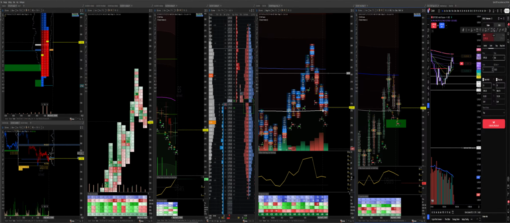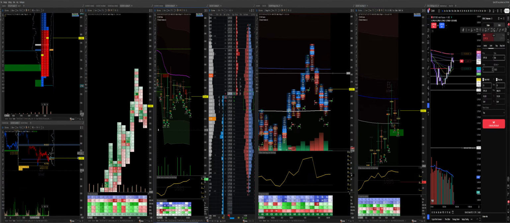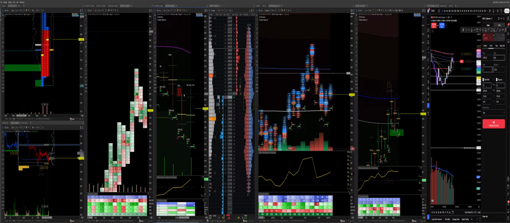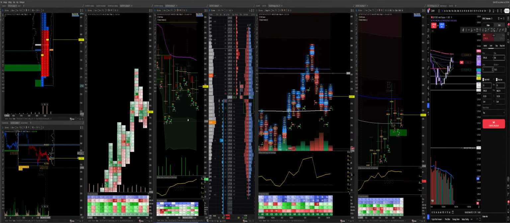An uncertainty area, but technically they're looking for an absorption. Let's take a look at it here. Any push up will definitely be absorbed in here, in my opinion. Look at the 4 hours.